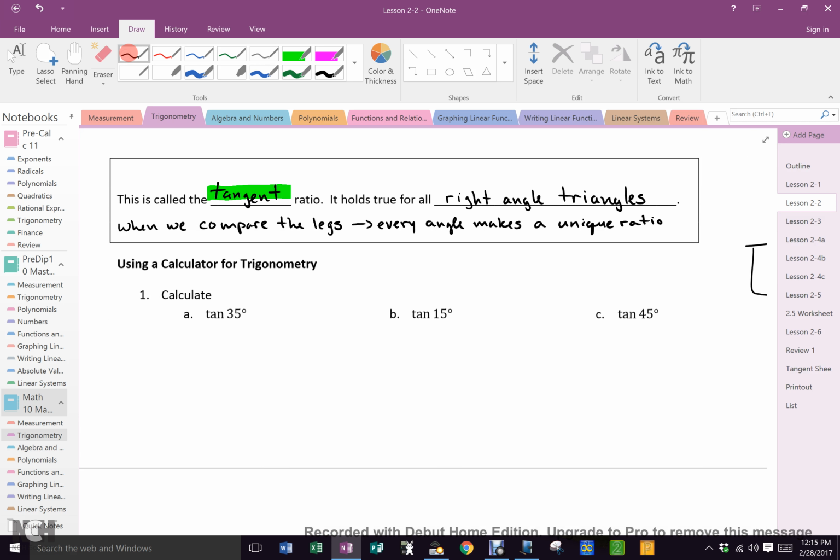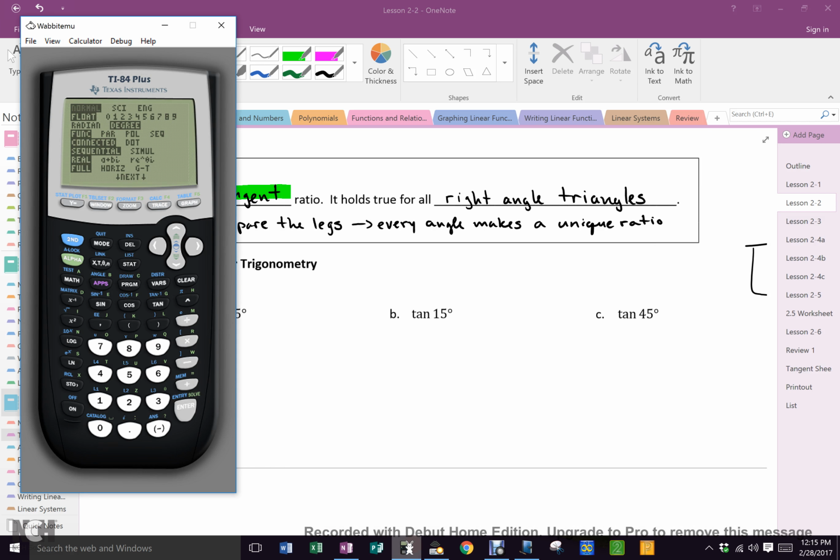I'm going to write parts sometimes in black, sometimes in red. If you have a calculator like mine, when you push the button that says TAN, T-A-N, right now on a blank screen, if it writes the word TAN, put your hand up. Okay, you have what I will refer to from now on as a forward calculator. You punch in what you see.